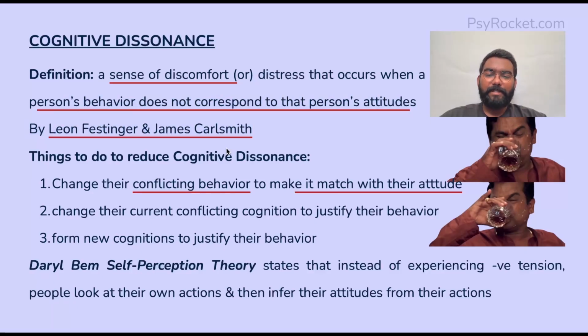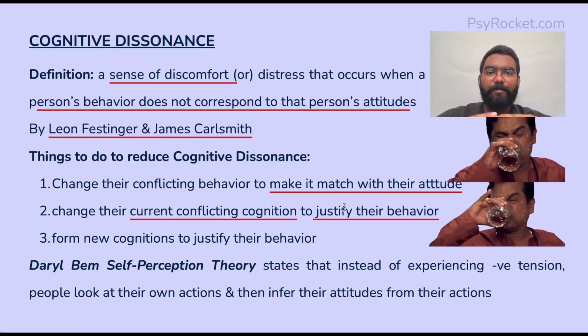Whenever such discomfort happens, any individual will go through one of these 3 stages. They will either change that conflicting behavior. Either you will stop consuming alcohol to make it match your attitude, or they will change their current conflicting belief, cognition, to justify their behavior. You believed your attitude towards the consumption of alcohol was that it is bad. Now, since you started consuming alcohol, you will change that attitude into consumption of alcohol is not bad, or it is good.